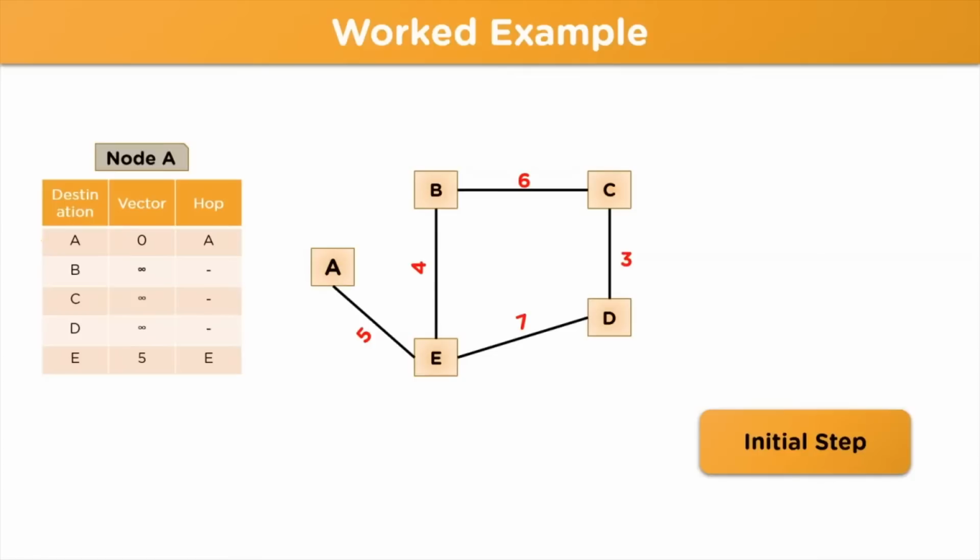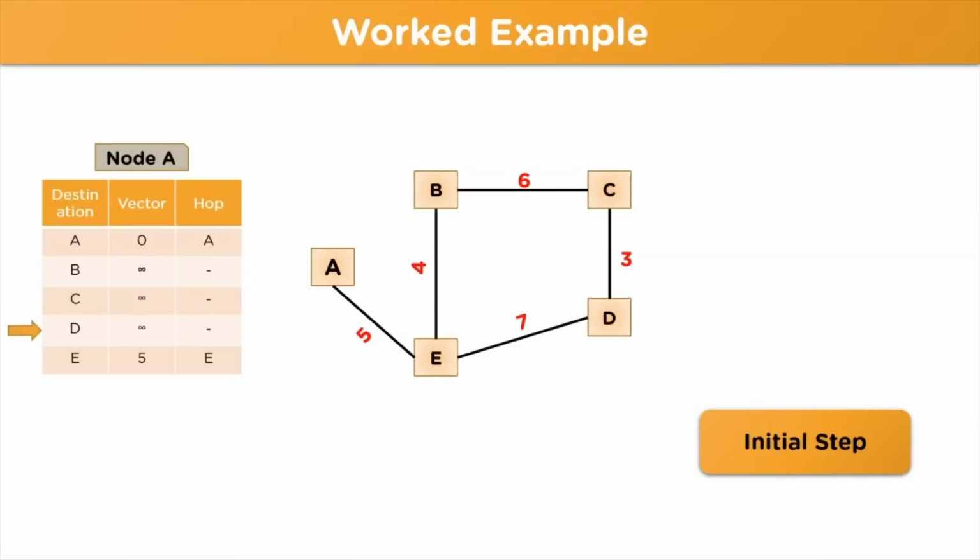Then we have destination as B. In this given example, there is no given connection between A and B, so this distance vector would be infinity. Then we have destination as C. Similarly, there is no direct connection between A and node C, so this is also infinity.